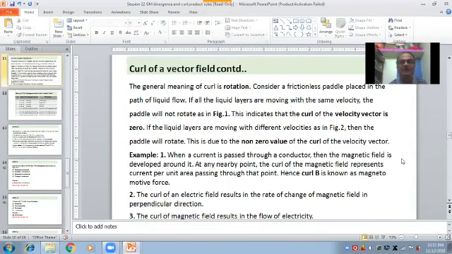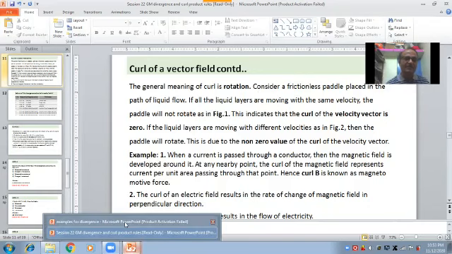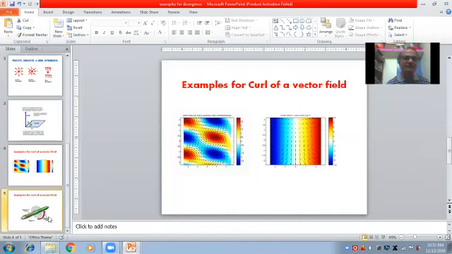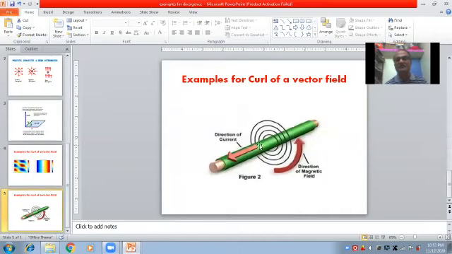Next, therefore the general meaning of curl is rotation. It means something will be rotating. I can show you one more example. Another good example for the curl of something is the current carrying conductor. This is the direction of current.